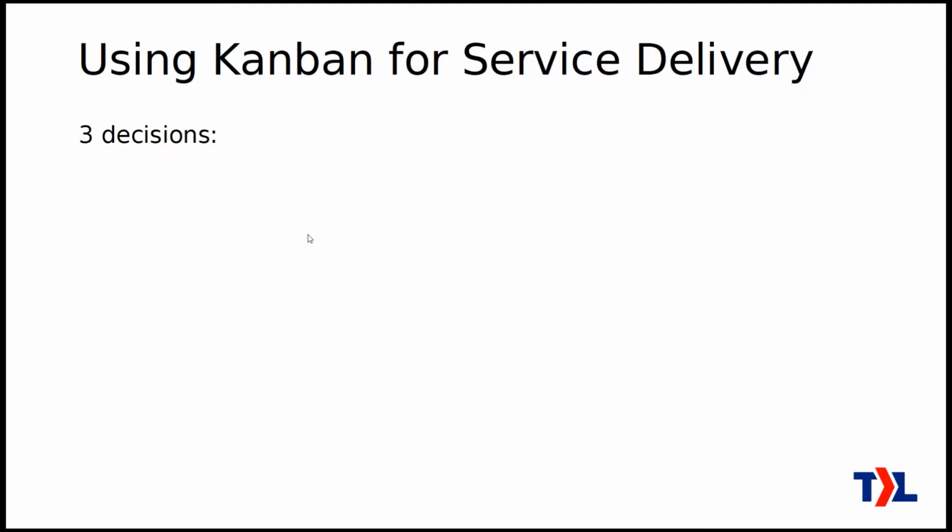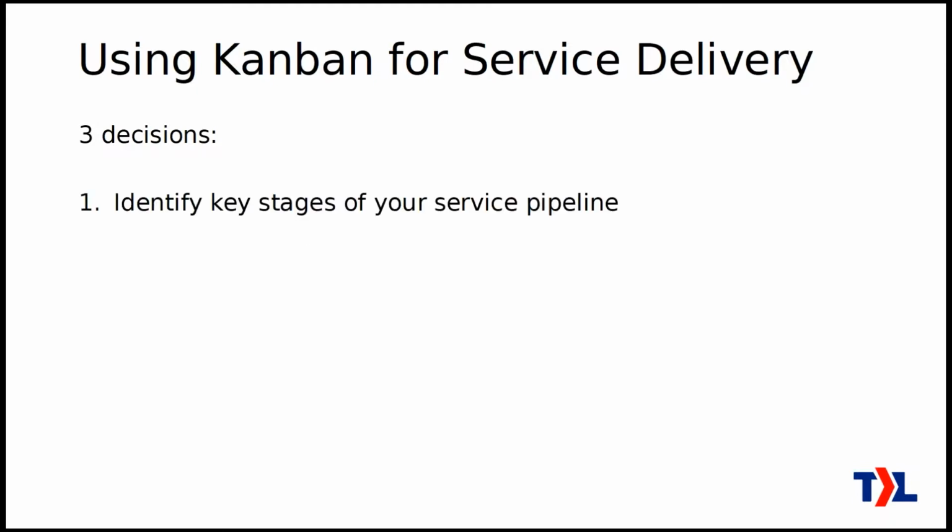There are going to be three decisions that you need to make as you adopt Kanban for service delivery. The first is you need to identify the key stages of your service pipeline. Imagine your pipeline of tickets, as they come in and engineers work on them, was a factory floor, with widgets being constructed.